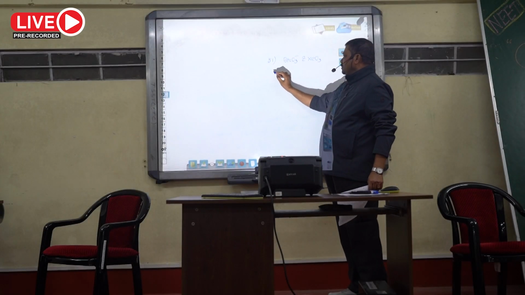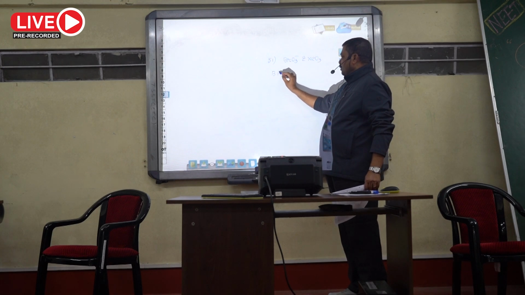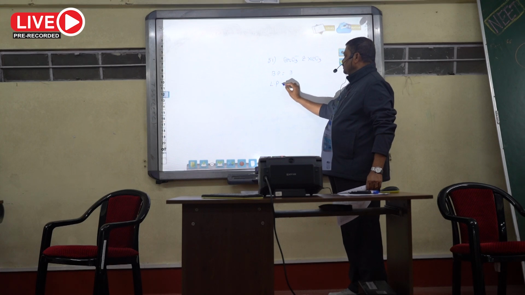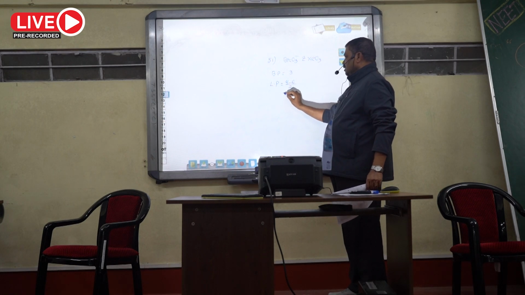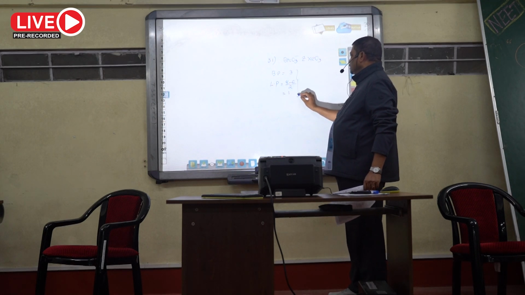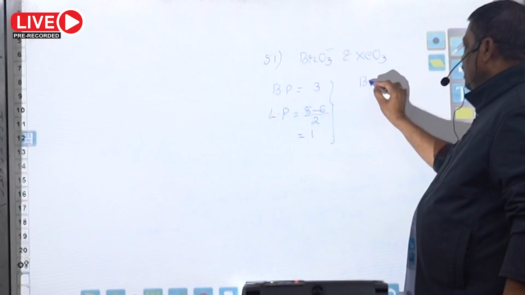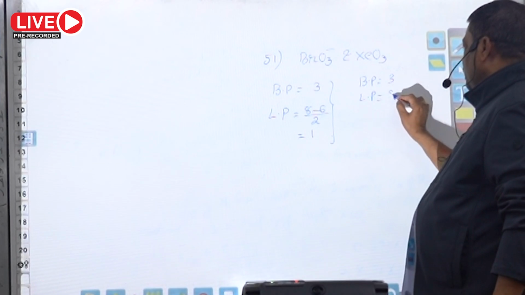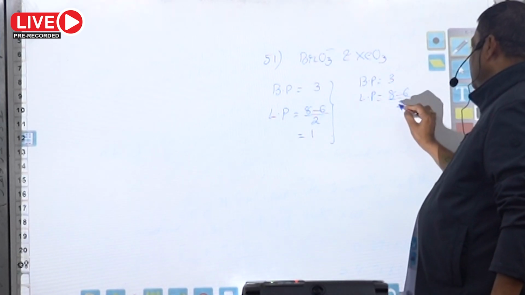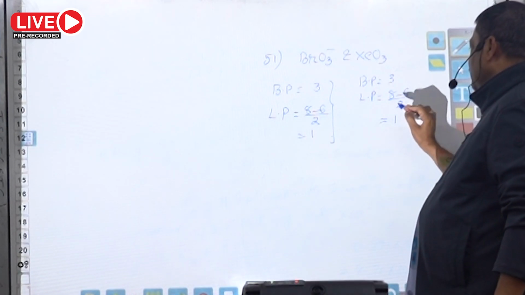This I explained by comparing their bond pairs, lone pairs. This is 8 minus 6 by 2, that is equal to 1. Here also bond pairs are 3. Lone pairs are 1.